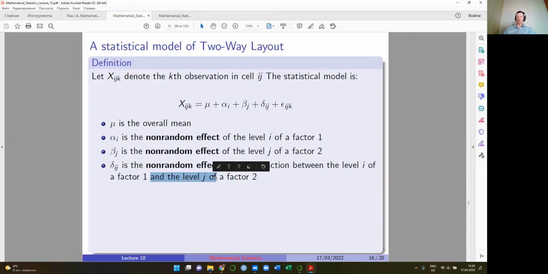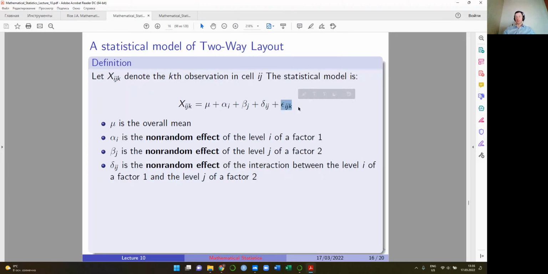So this is called an interaction term. A given level of one factor together with a given level of the second factor gives us some additional result, or maybe some negative result, depending on the sign.